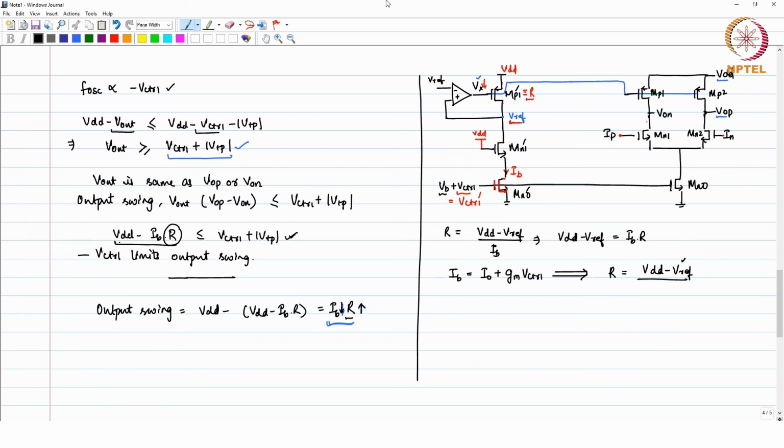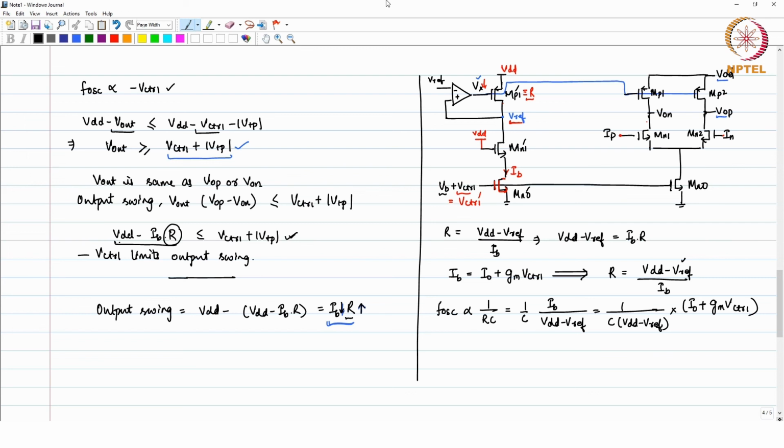Vref is the external voltage which you gave. VDD is fixed, Vref is fixed, divided by IB. Frequency of oscillation is proportional to 1 over RC. Now, C will remain here, and R is nothing but IB divided by VDD minus Vref. You have VDD minus Vref as fixed, and IB is nothing but I naught plus GM times V control.